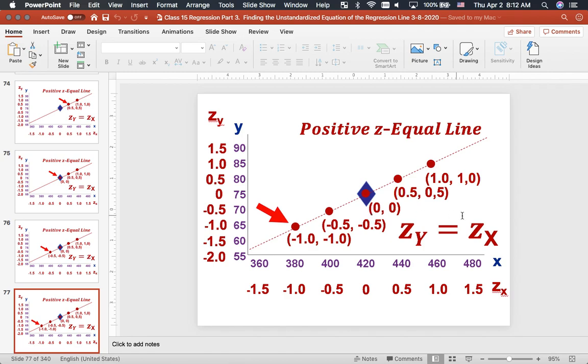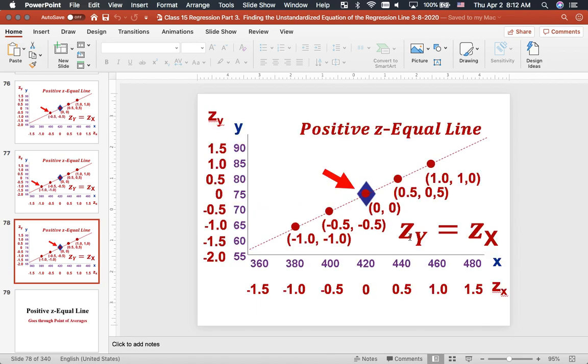So if we plug in 0.5, z of y is going to be 0.5. If we plug in 0, z of y is going to be 0. So this positive z equals line always goes through these points. Z of y equals z of x.